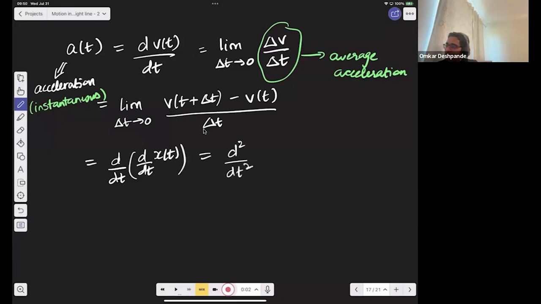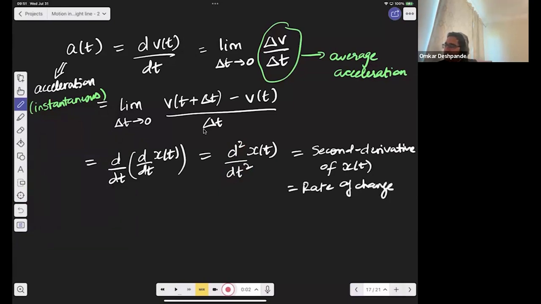This is a terrible notation, but understand that we are not squaring anything here. We are not squaring dt, we are not squaring any d. All that this means is the second derivative of x of t, or think of this as the rate of change of the rate of change of x of t.